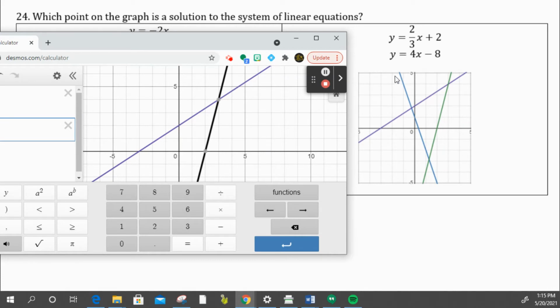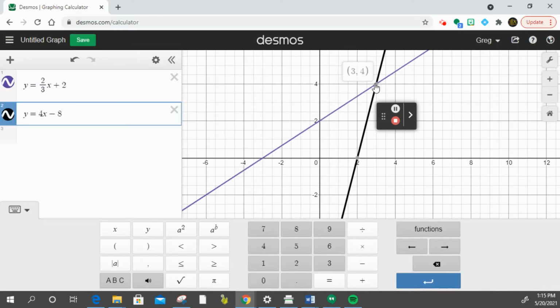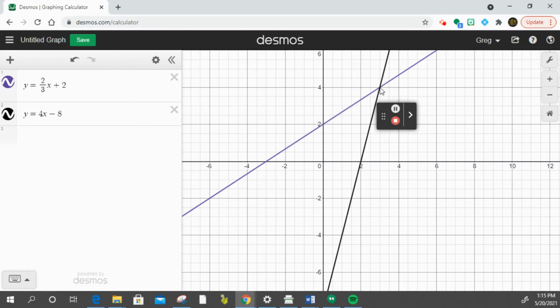I'm pretty sure this blue guy doesn't belong. Okay, so it's asking which point on the graph is the solution to the system of linear equations. So literally, where they cross, boom, that is our answer. So 3, 4 is my solution to this system of equations, okay, where they cross.